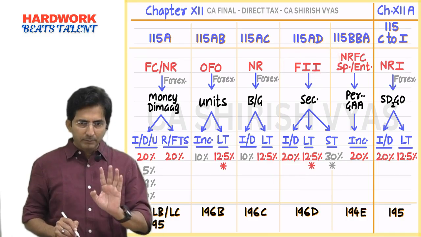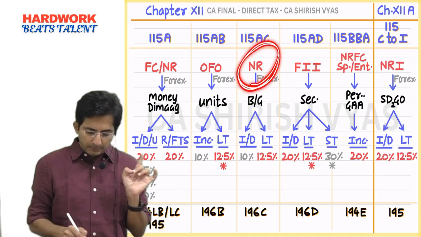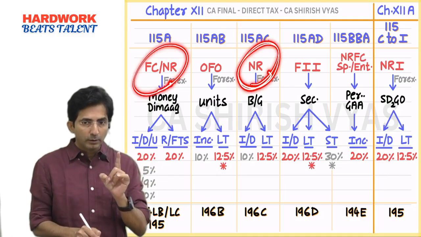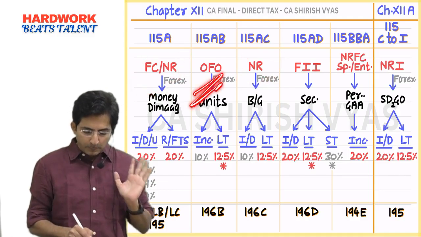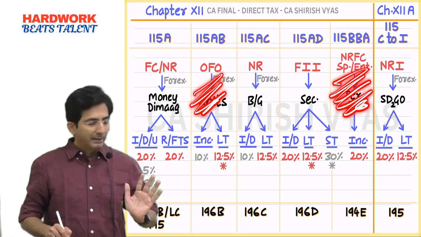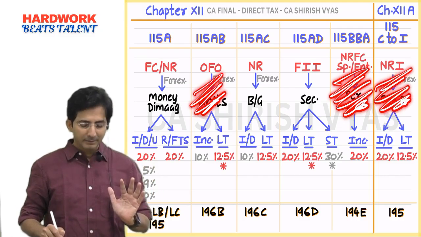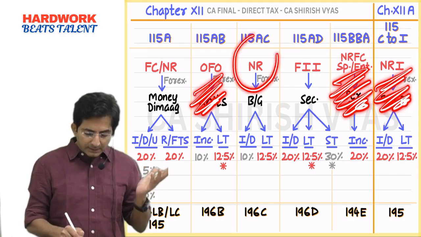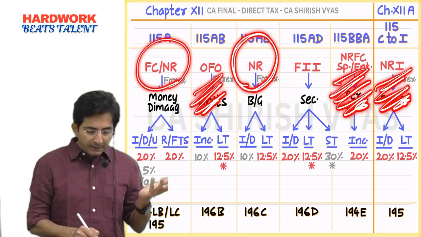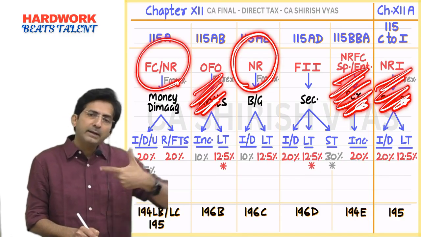In short, don't worry, this way there is no more confusion. Especially these two sections you should note. OFOs are specific people. Sports persons are also specific people. NRI is also a specific person. But just see, NR and FCNR are general terms, and in a general term, anyone can fit.